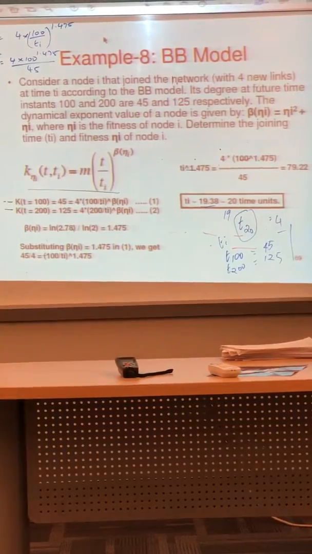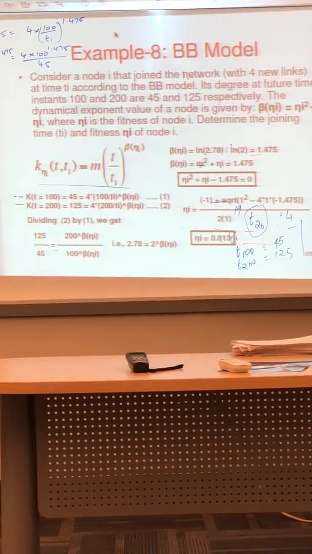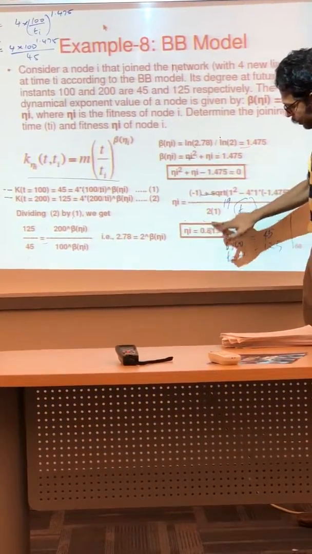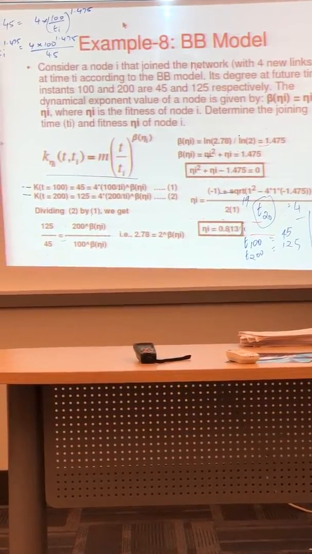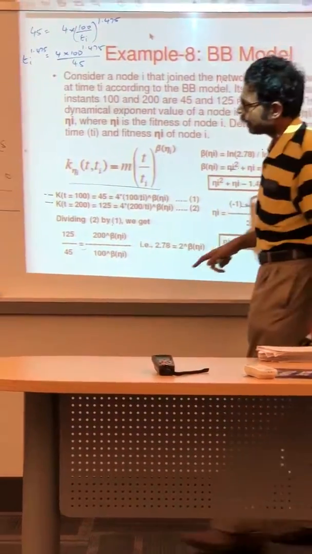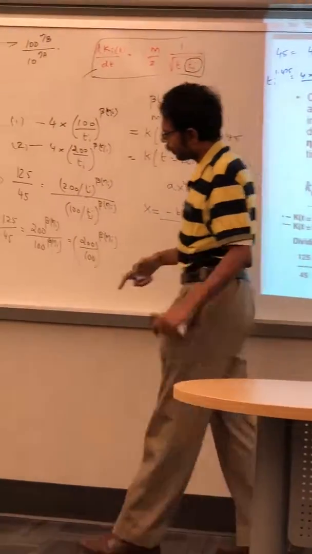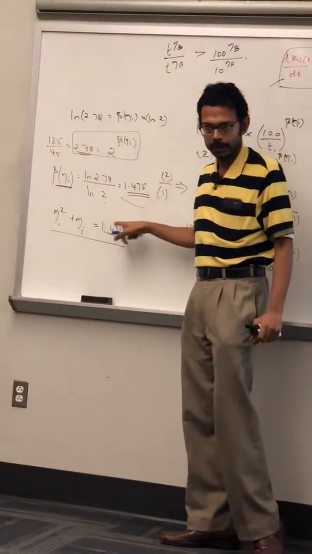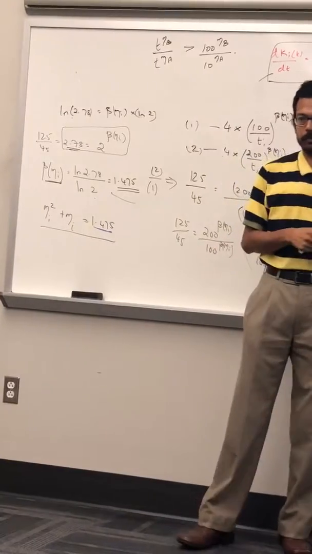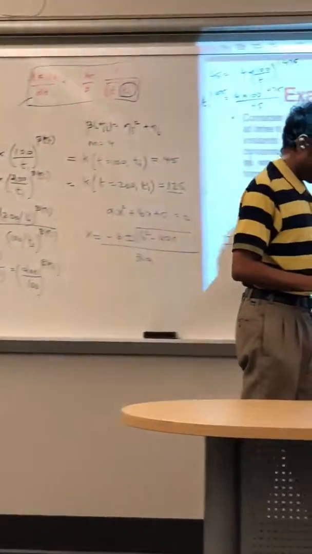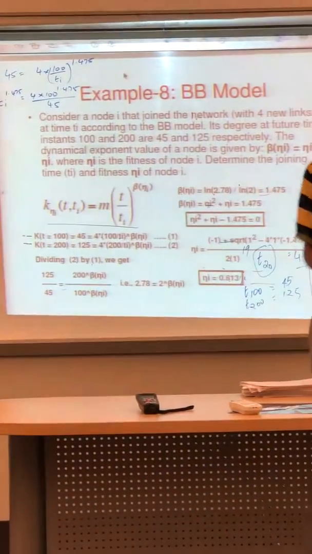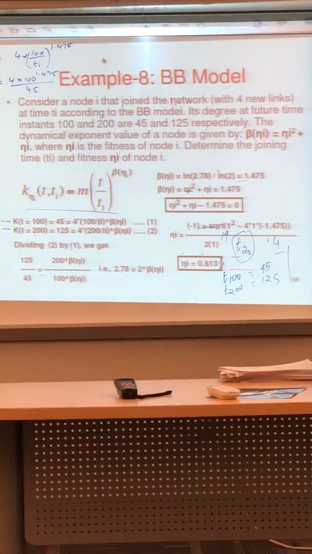Of course, beta of eta I is 1.475, so everything combined together, you don't have to really analyze much further. But eta is not that large, okay? But beta is a function of eta I, and the exponent is really 1.475. So the exponent is still greater than 1. Okay? So you should know how to solve a problem like this, according to the BB model.